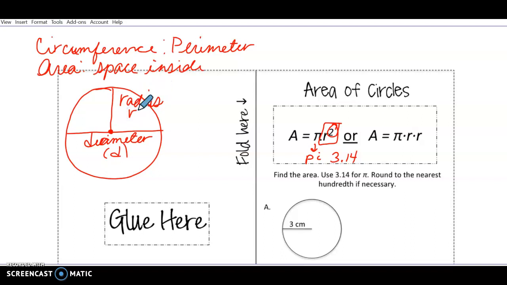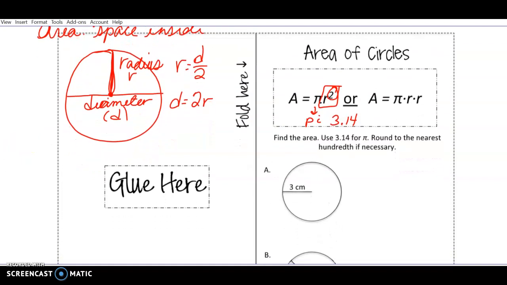We use the letter R. Radius is equal to the diameter cut in half, okay? Or we can say the diameter is 2 times the radius. But when we are finding area, it's very important that we are only looking at this halfway piece, the radius. So if they give us a diameter, we're going to have to cut it in half.